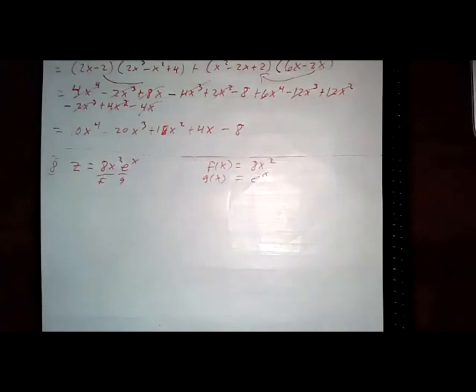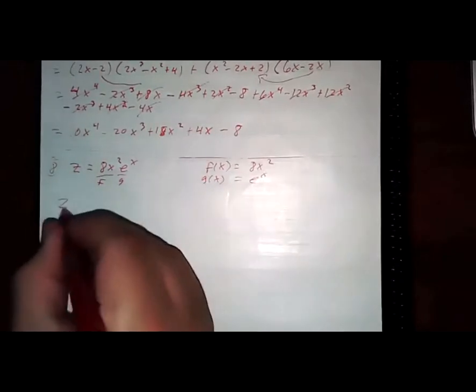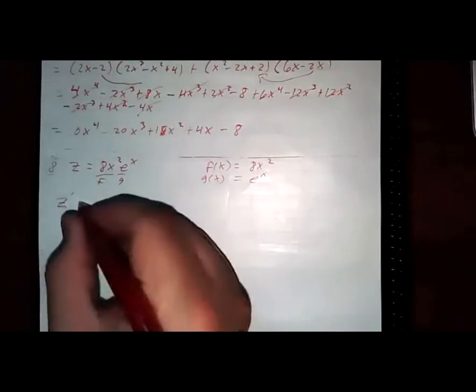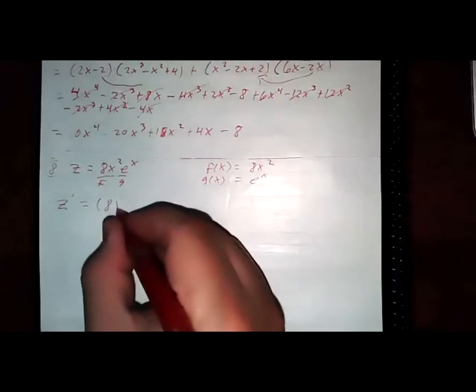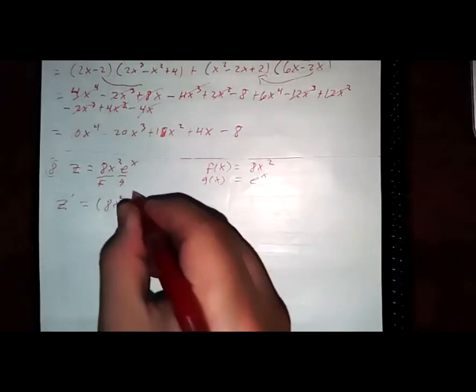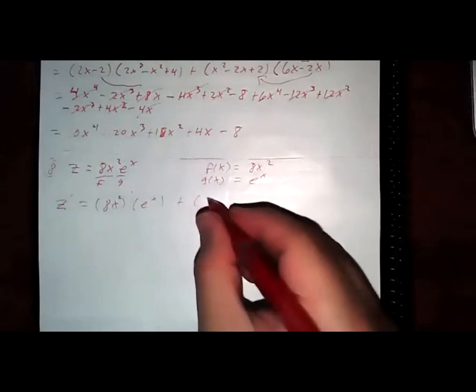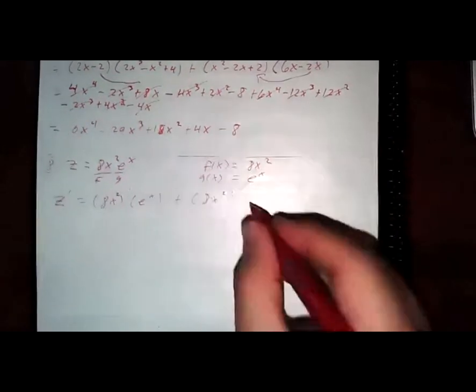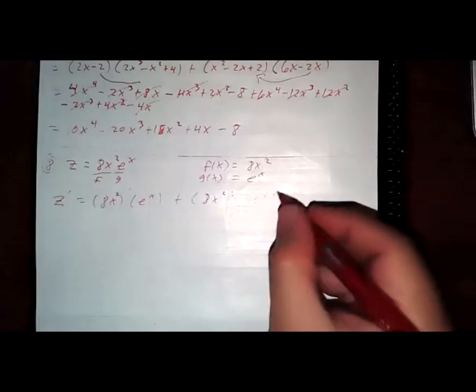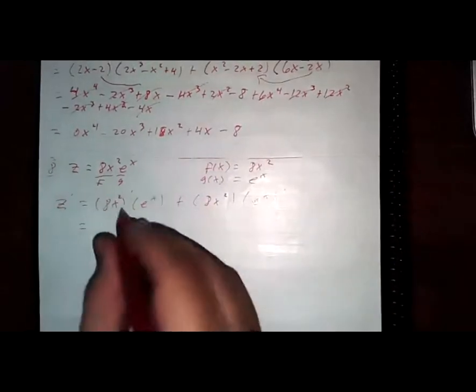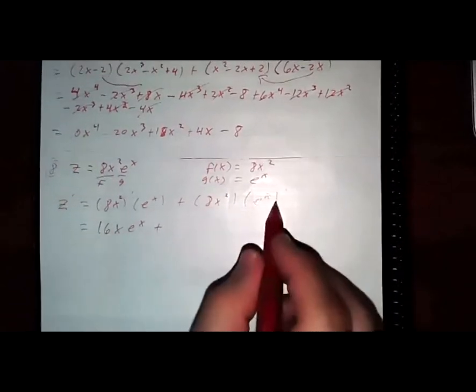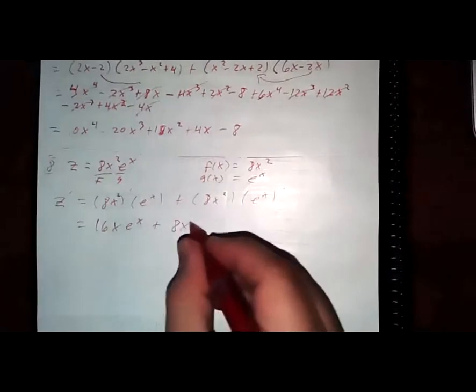Yeah. Okay. So z prime is equal to the derivative of the first one times the second plus the first one times the derivative of the second one. So this derivative is going to be 16x e to the x plus, the derivative of e to the x stays the same, so we're just going to have this.